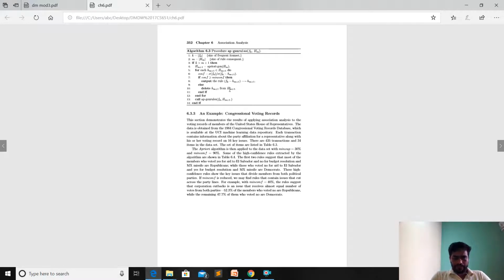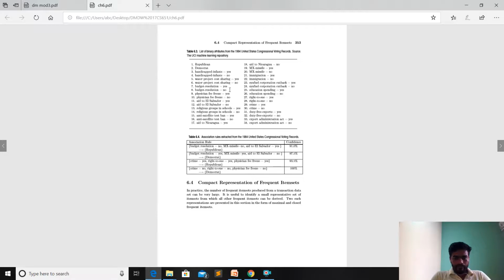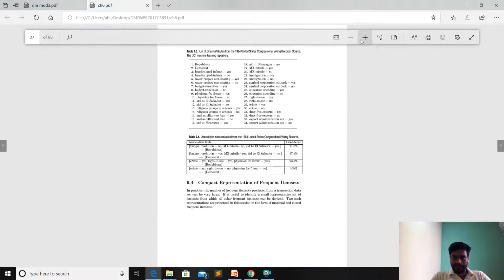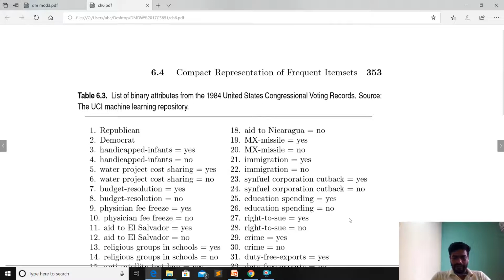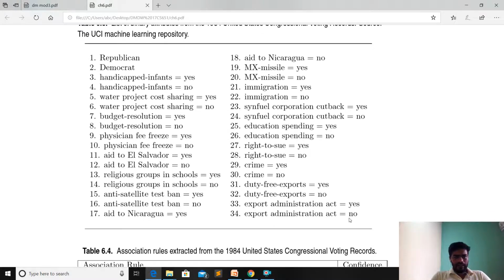So now consider, for example, one example where they have taken the list of binary attributes from the 1984 United States congressional voting records. The UCI machine learning repository is used here.